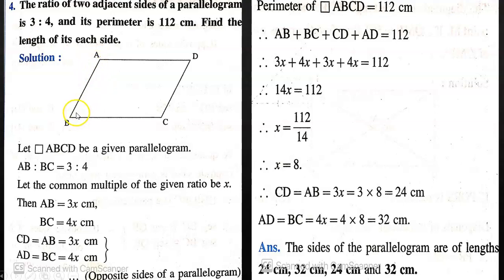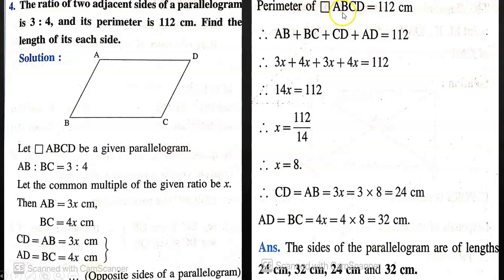So let AB is to BC is equal to 3 is to 4. Now let the common multiple of the given ratio be x. So I have AB as 3x and BC as 4x. Now we know that opposite sides of a parallelogram are equal. So I have AB is equal to CD is 3x centimeters and AD is equal to BC is 4x centimeters.